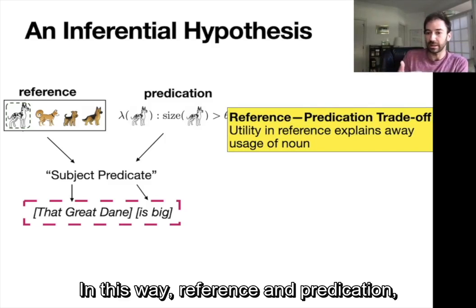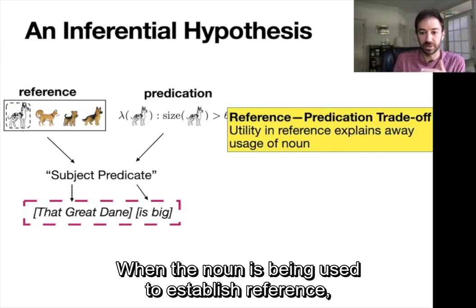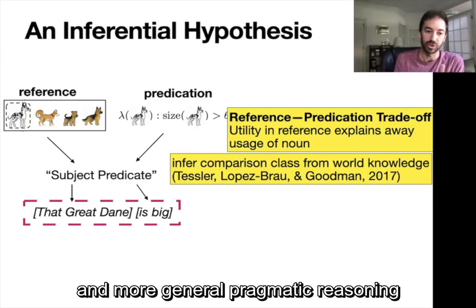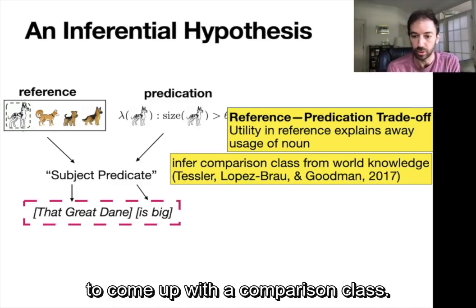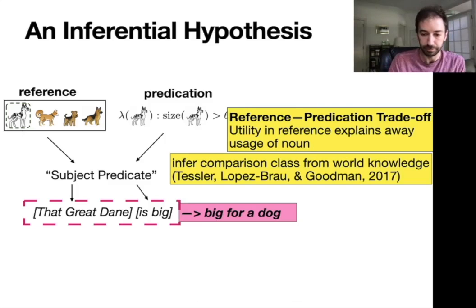In this way, reference and predication, those goals can trade off with one another. When the noun is being used to establish reference, listeners might use their world knowledge and more general pragmatic reasoning to come up with the comparison class. In this case, reasoning Great Danes are big dogs, so likely it's big for a dog.